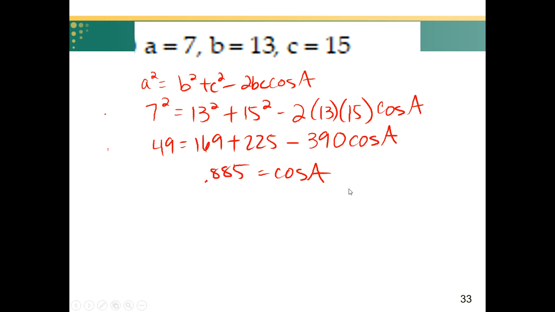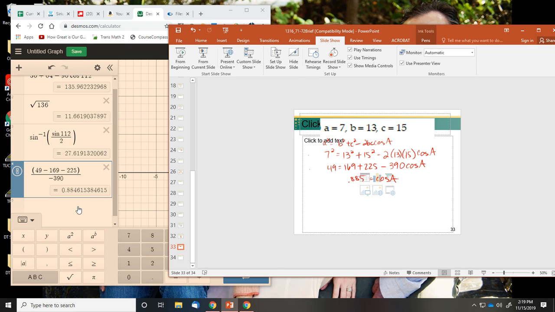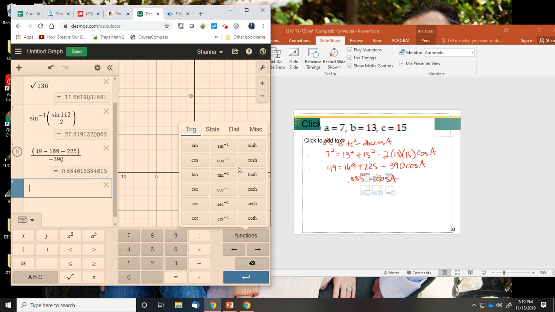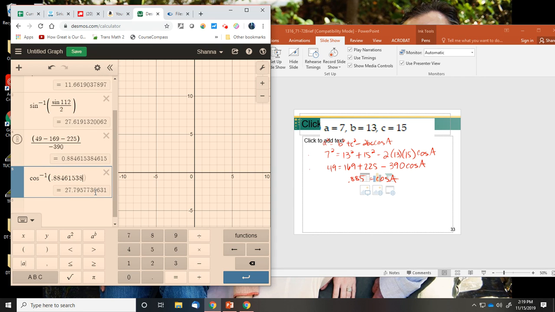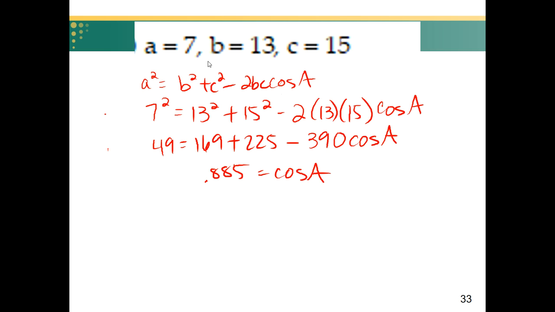Do cosine inverse, and we get 28 degrees probably. Once you have that, use the law of sines to get the rest, so that you have sine 28 over 7 equals sine B over 13, and solve from there.